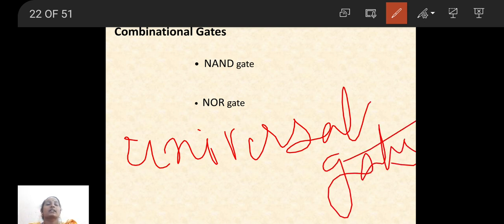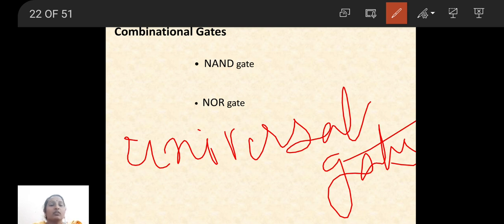Why are these called universal gates? By using these two gates, NAND gate and NOR gate, any circuit in digital electronics can be realized. An AND gate can be designed by using NAND gates, which means the AND function is produced without using an AND gate. Without using an OR gate, by using NAND gates the output will be produced.